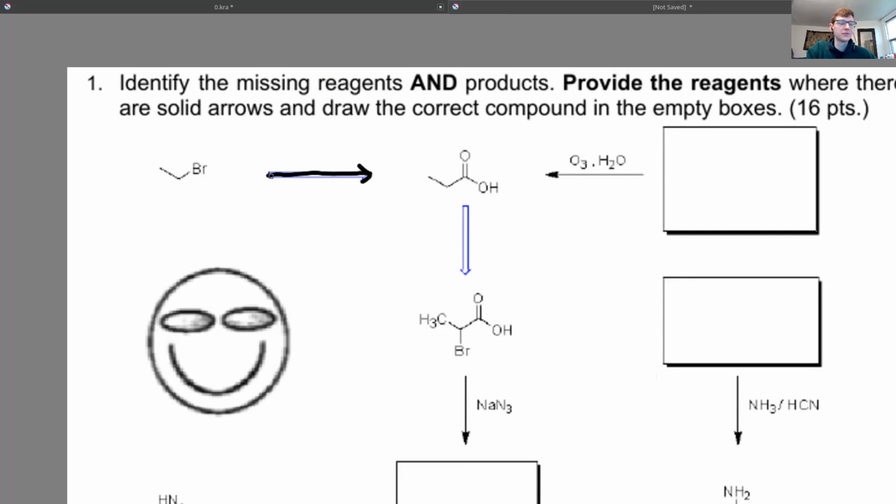Well, you could do just regular SN2 to add a CN, and then hydrolyze that with acid, right?